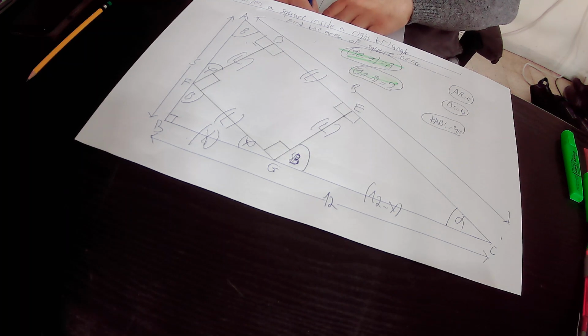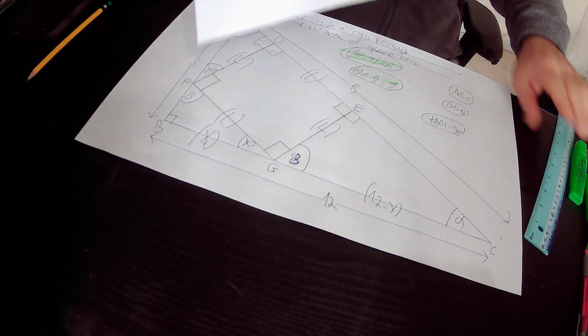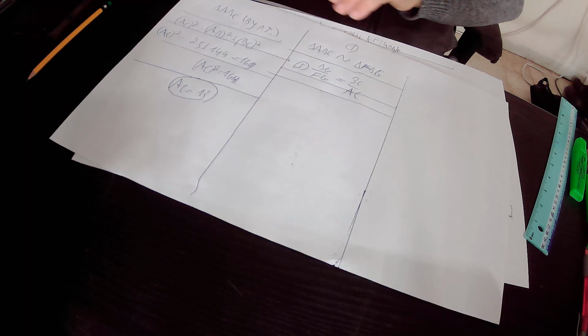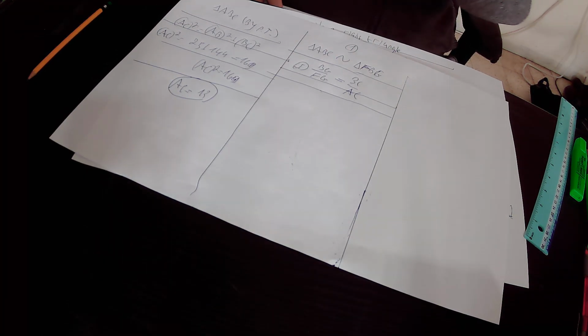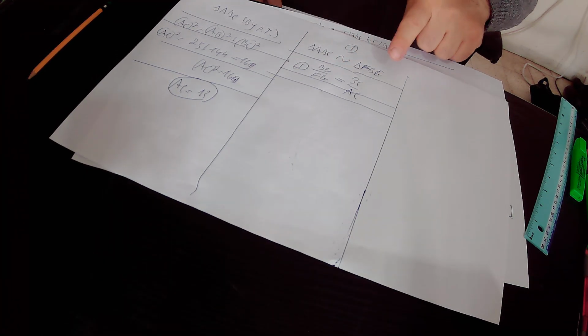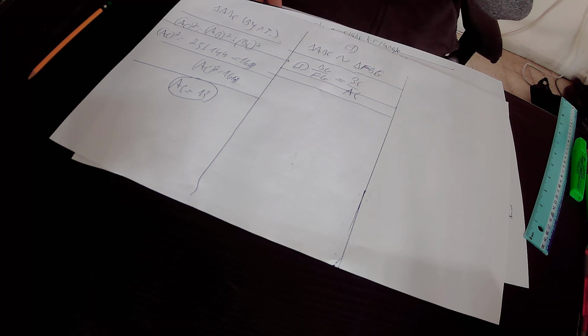Repeat again: BG over FG equals BC over AC.